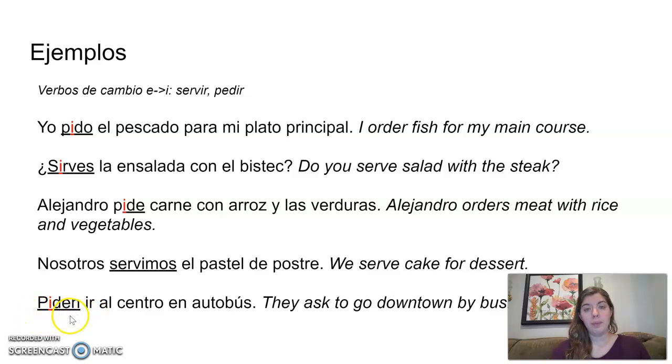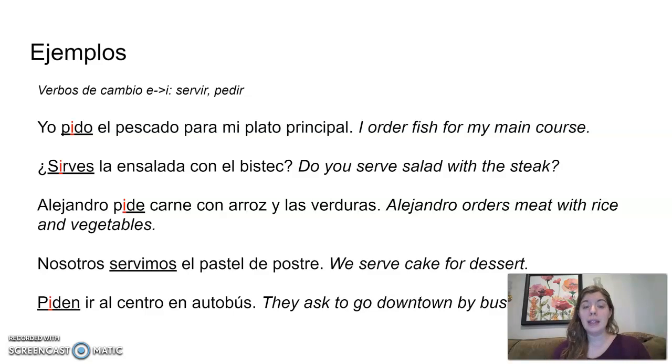Y el último ejemplo. Piden ir al centro en autobús. EN significa que el sujeto es ustedes, ellos, o ellas. Here it's not told us which subject it is, it's just implied. You would have to look in the context around this sentence if it wasn't just an example, or listen for who they're talking about to understand who the subject is, because there's a variety of options there.